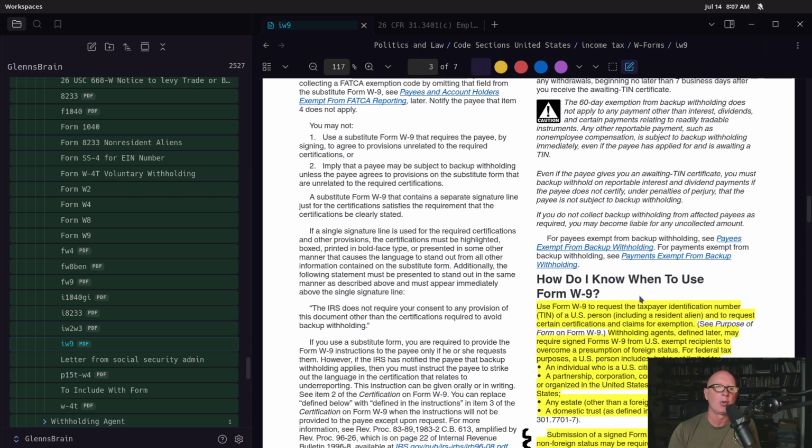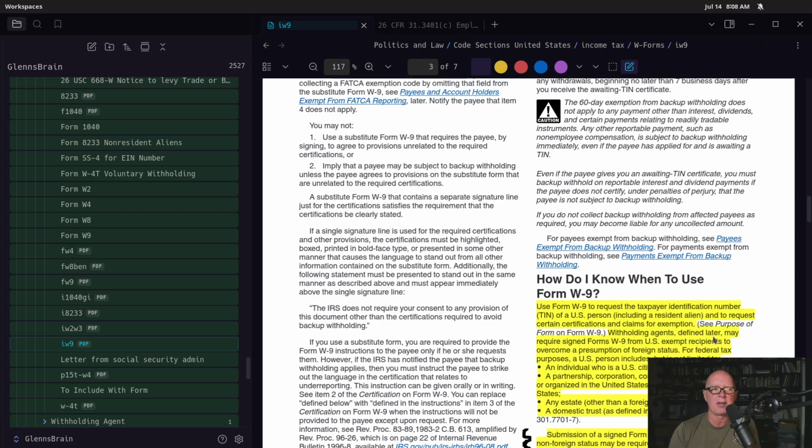How do I know when to use Form W-9? Use Form W-9 to request the taxpayer identification number of a U.S. person, including a resident alien, and to request certain certifications and claims for exemption. Withholding agents, now you remember what a withholding agent is. It's someone that's in control of a non-resident alien's money.